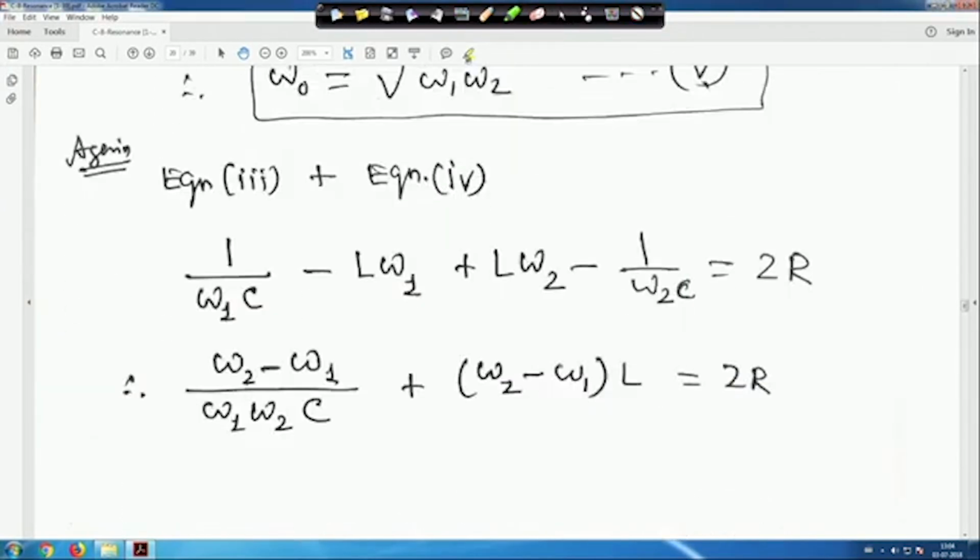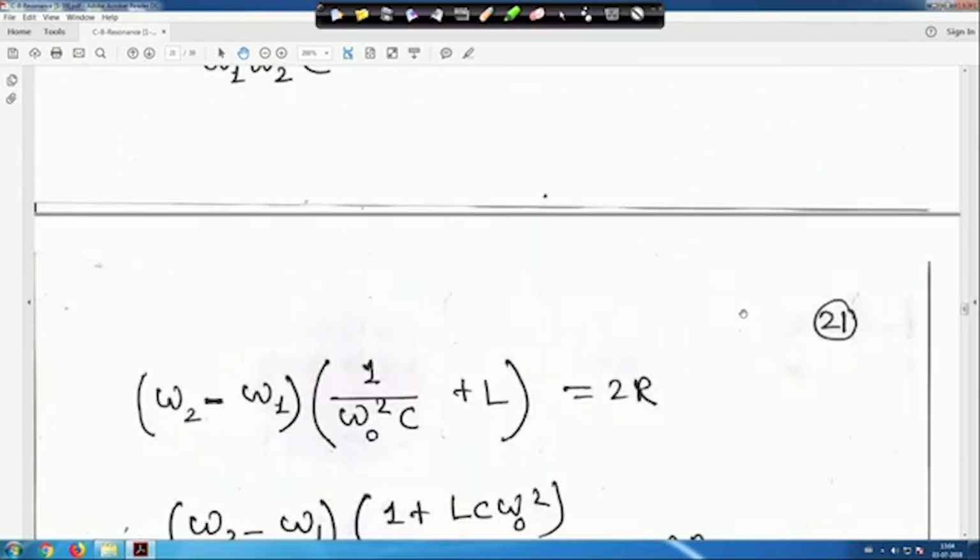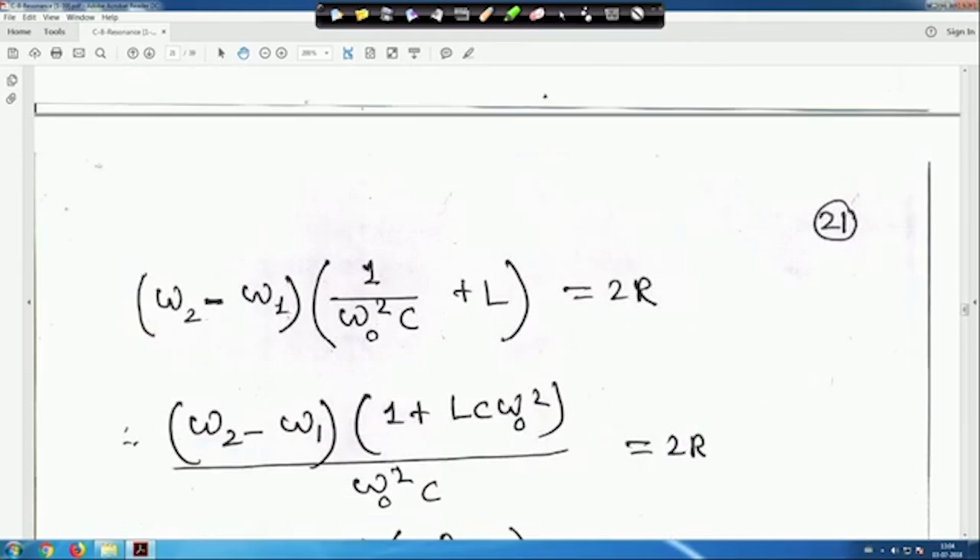If you do so and simplify, you will get omega 2 minus omega 1 upon omega 1 omega 2 C plus omega 2 minus omega 1 L is equal to 2R. Upon simplification, you take omega 2 minus omega 1 common.